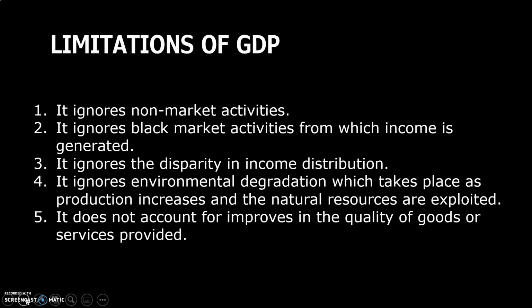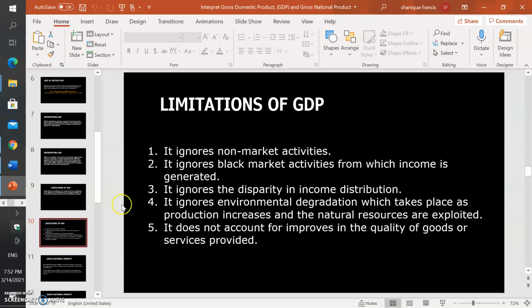It gives a larger view of economic welfare, but on an individual basis, it does not transfer. It also ignores environmental degradation, which takes place based on how the natural resources of an economy are being exploited while production is taking place. In addition, it does not account for improvements in the quality of goods or services provided.